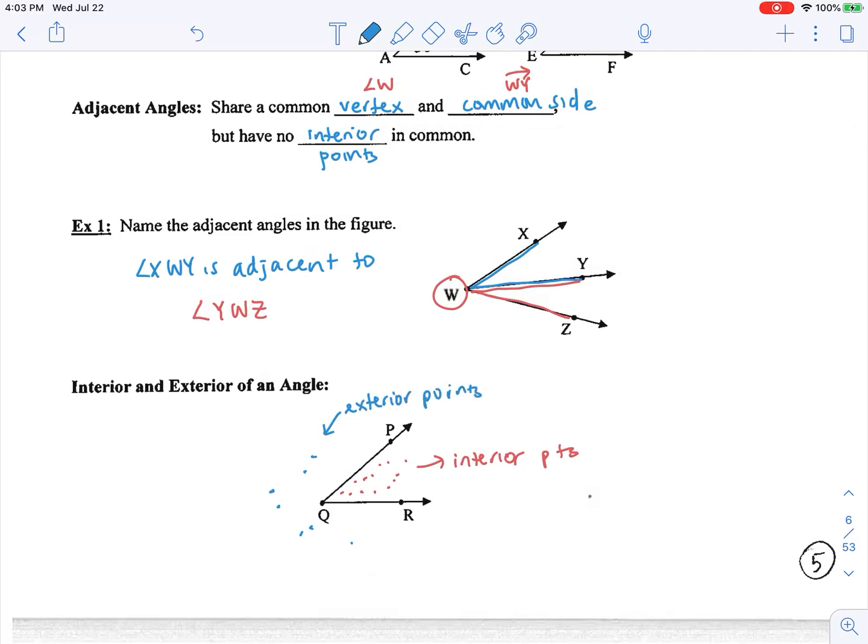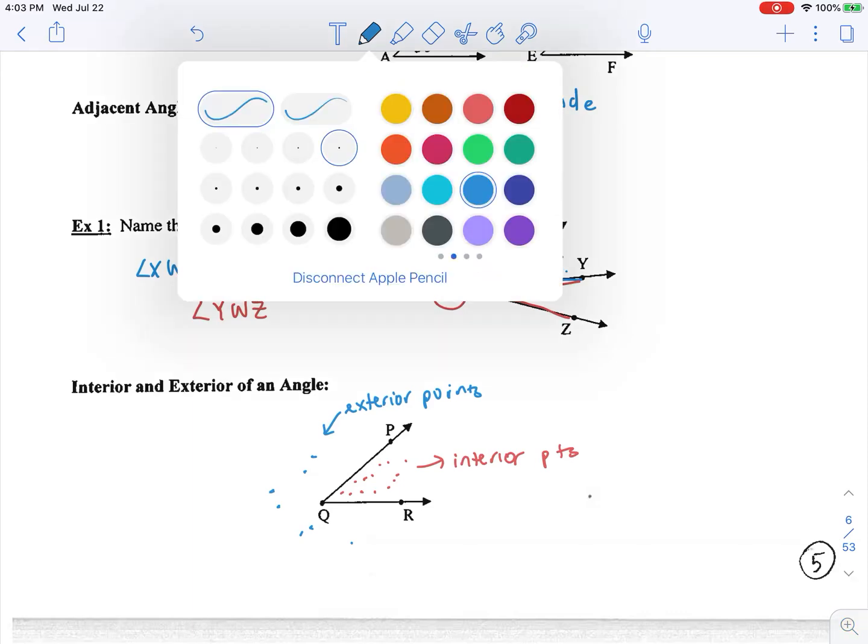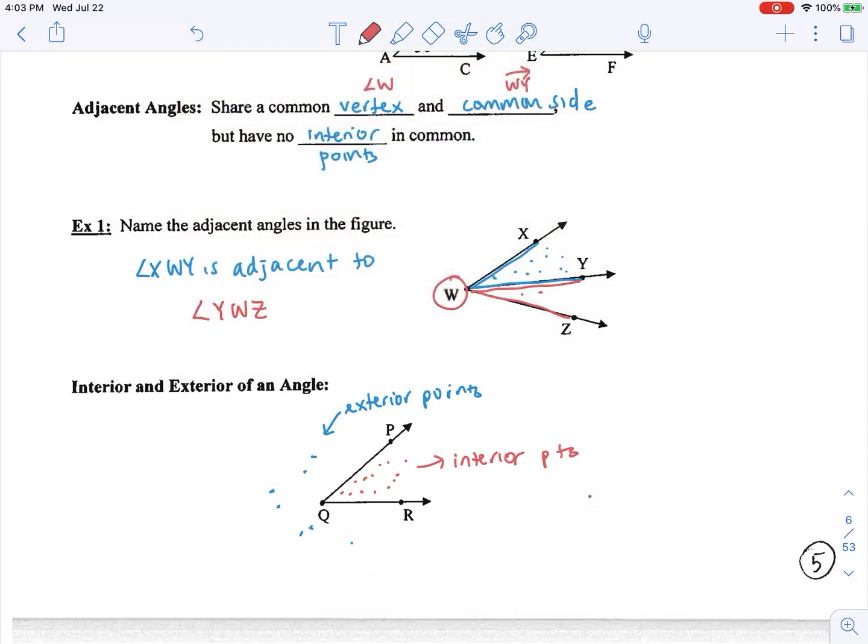In the definition, it says that adjacent angles have no common interior points. So you'll see that these blue points inside the blue angle have no commonalities with the pink points, so they don't overlap each other. And so that's the definition of an adjacent angle: you don't have any common interior points.